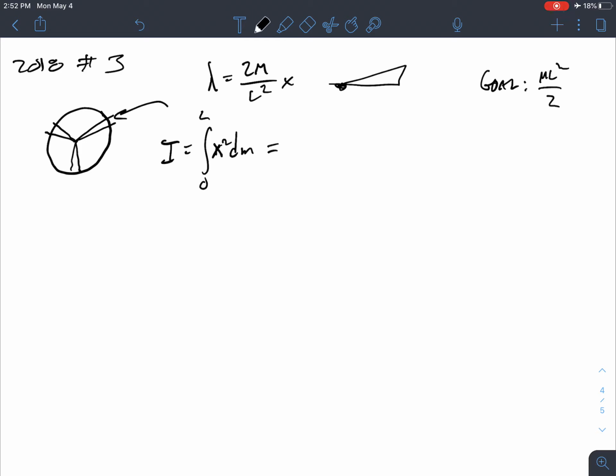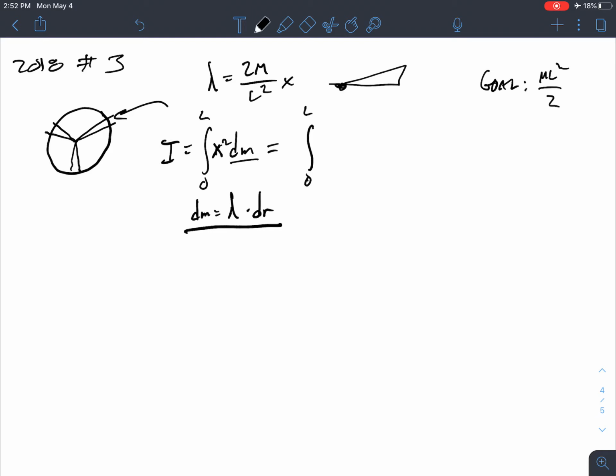I don't think that would be a big problem if you put an r, so long as you make the substitution out here. Okay, so I also know that dm is equal to the linear mass density times dr. That is the key. I'm going to write that down there so the world knows that I know. And let's substitute out and see what it looks like now.